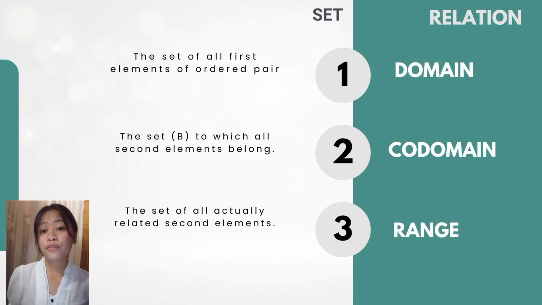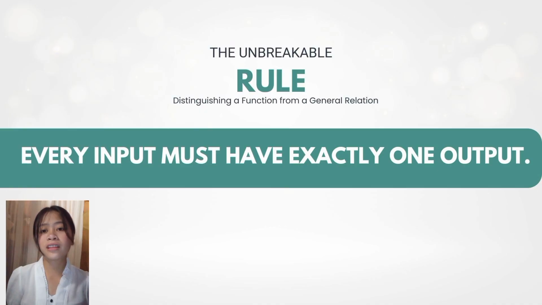Every single set of ordered pairs you've ever worked with is, by definition, a relation, but only a special, disciplined type of relation gets promoted to a function. Remember this unbreakable rule. The rule that separates a function from a general relation is absolute. It says that every input must have exactly one output. What does it mean?